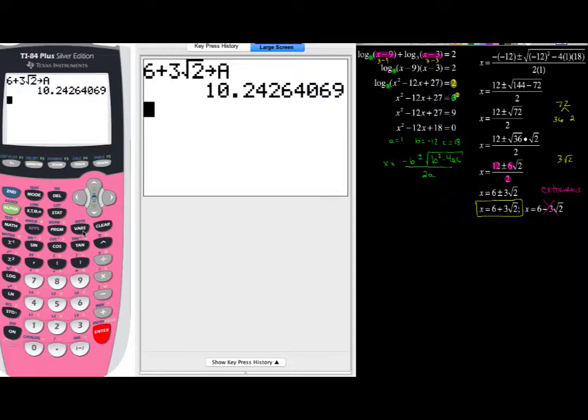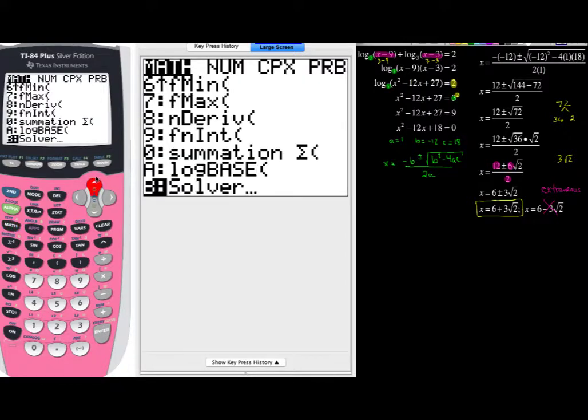Now from there, I'm going to type in my expression, log base 3 of x minus 9 plus log base 3 of x minus 3, and if that is a correct solution, I should get 2 as an answer. There are two ways to type in log base 3. The first way is using the math button. If you arrow down, the very second thing you'll notice, choice A, is log base.